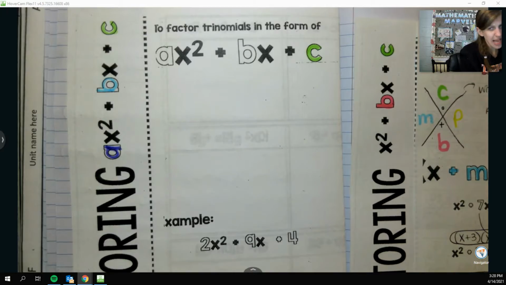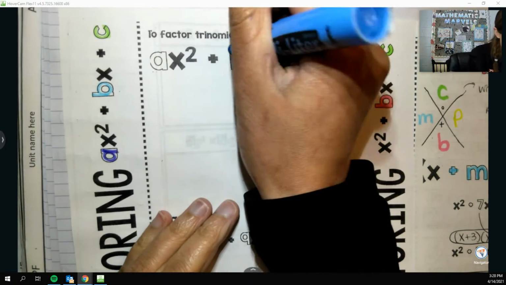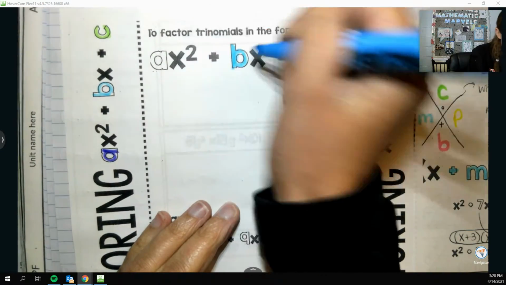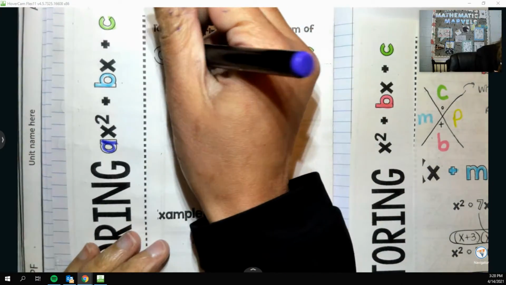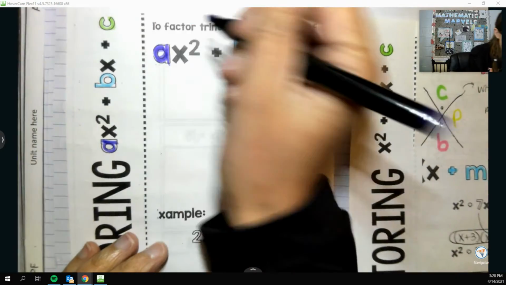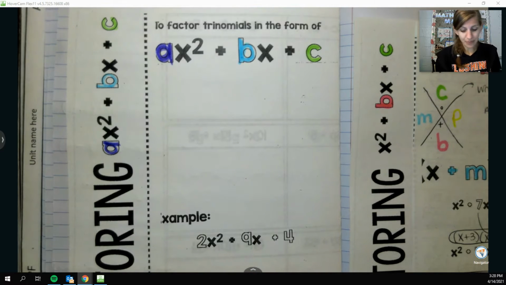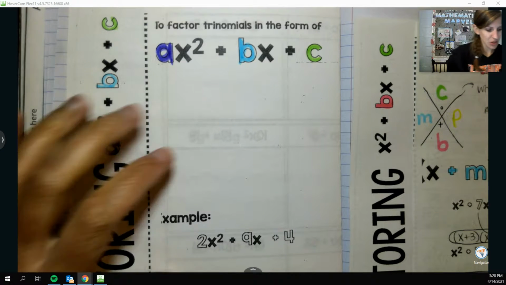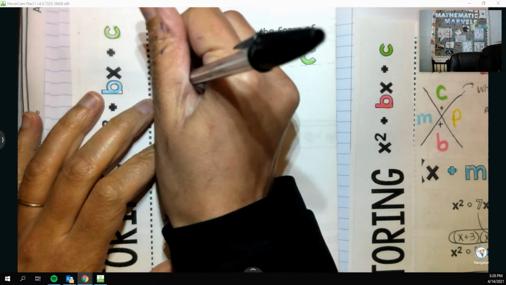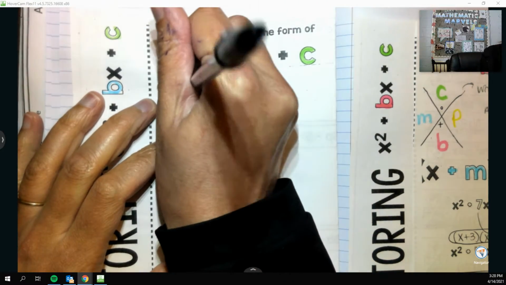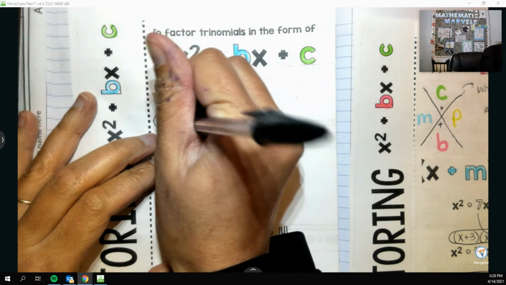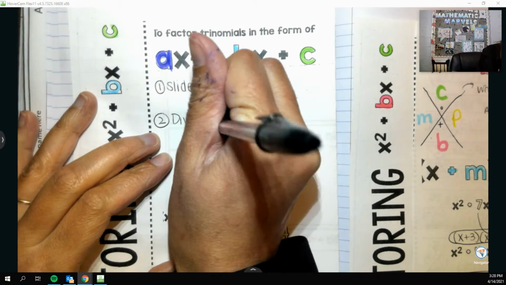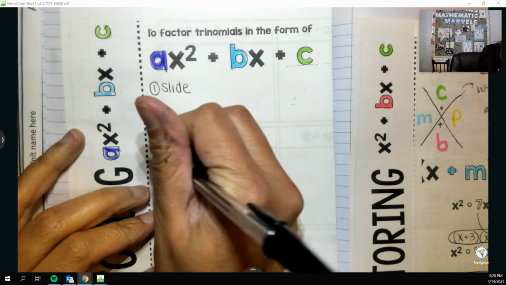I'm still going to set up my x puzzle, but I have to do a couple additional steps to make sure that I factor everything appropriately. So the way that I like to remember how to do this one is I first slide, then I divide, and then bottoms up.